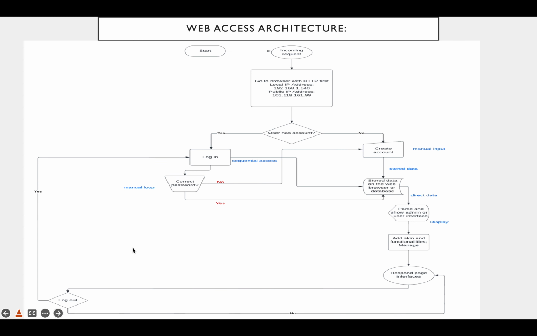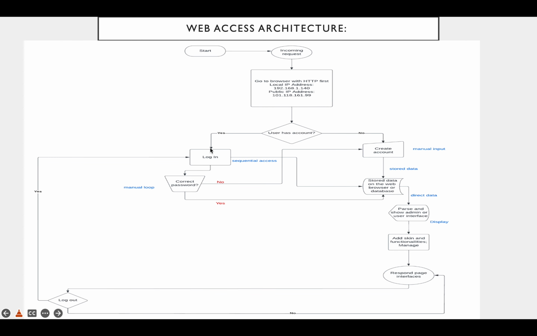And this is the web access architecture. You start with the incoming request, and then go to the browser with the HTTP servers, local IP address, and this will go to the external IP address, which is this one as well. It's a web access architecture. Then we ask whether the user has an account.